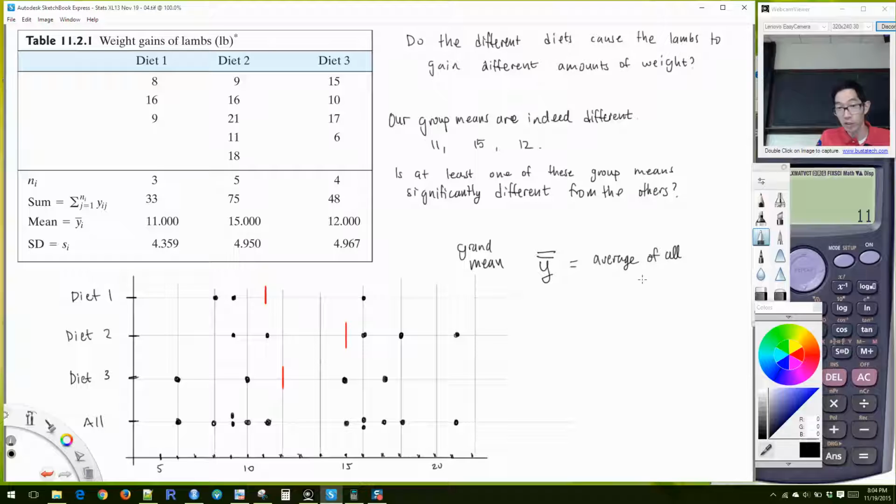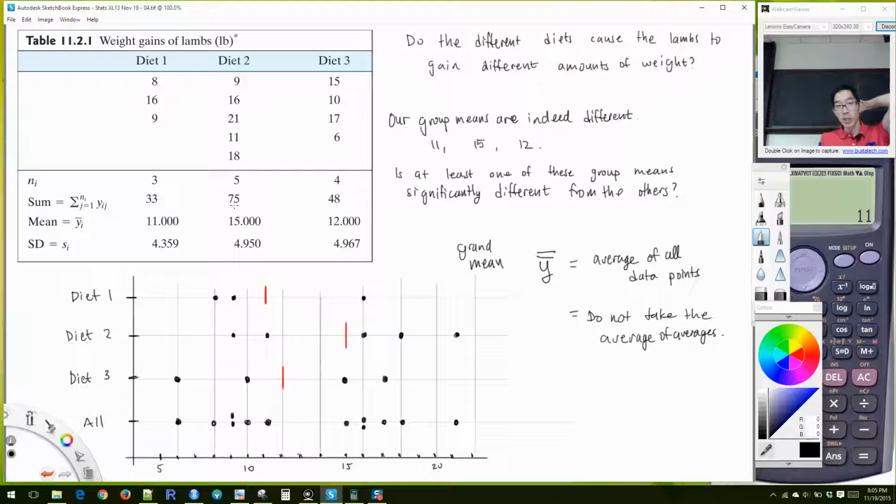We have to be careful: to get the average of all data points, we cannot take the average of averages, because that would assume all groups are the same size, which is not the case.